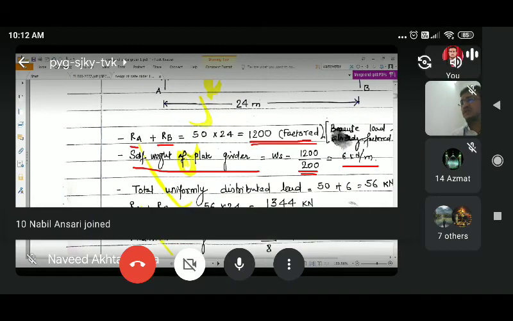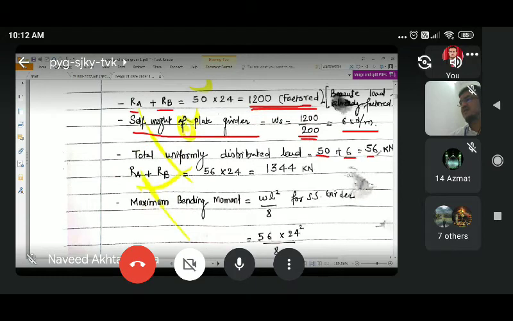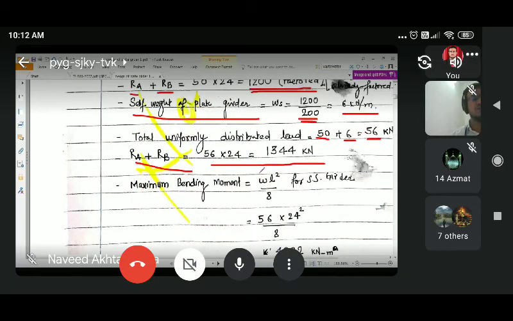Then the total load, when we add the UDL plus the self weight, will be around 56 kilonewton per meter, and RA plus RB will be 1344 kilonewton.